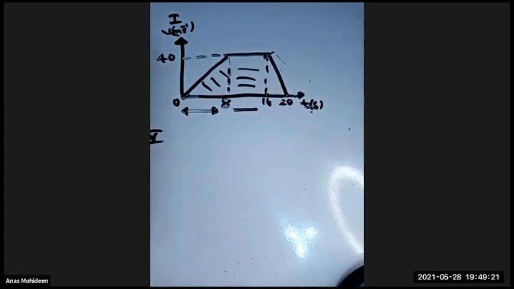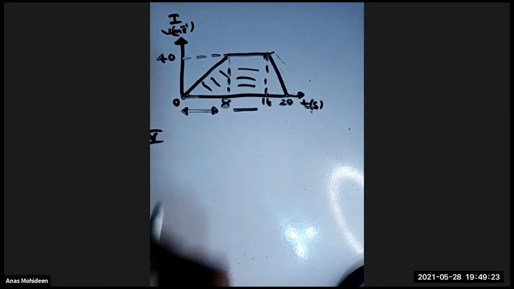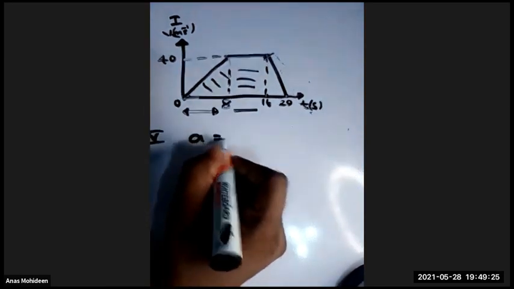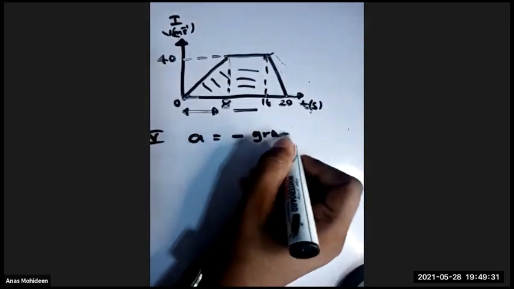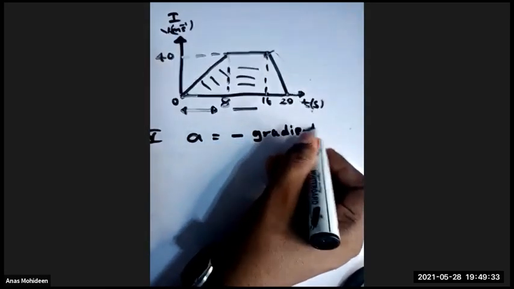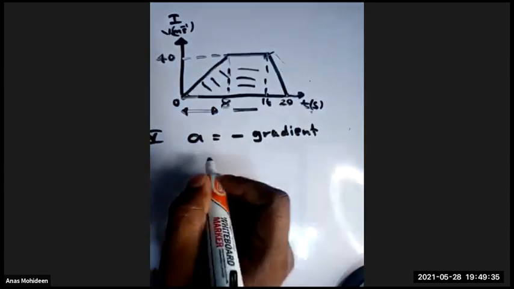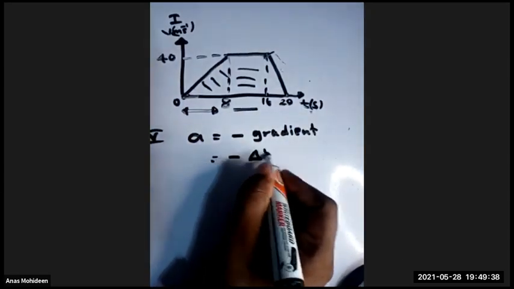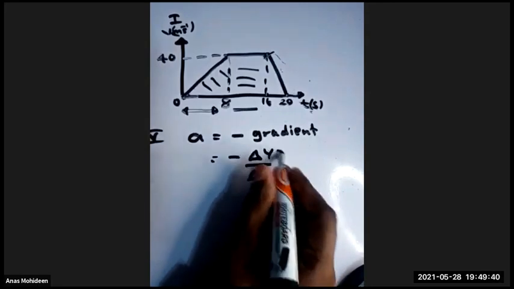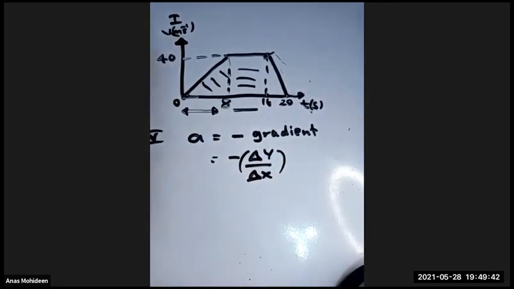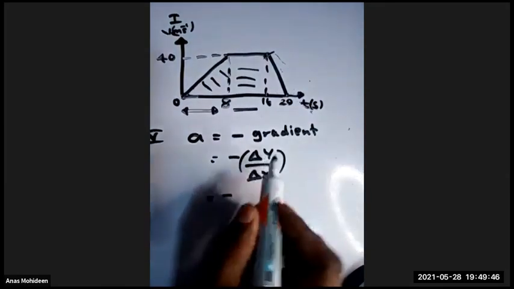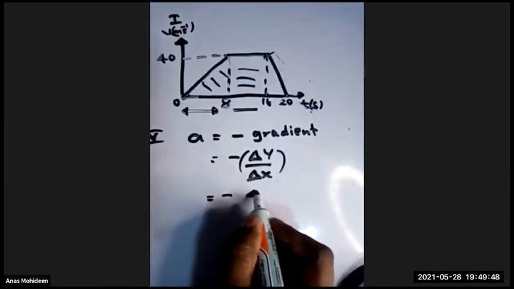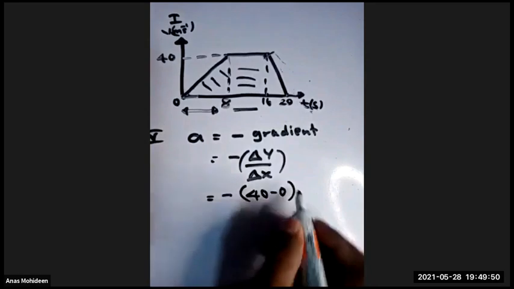So how do we find out this answer using the graph? Acceleration is equal to gradient and deceleration is equal to negative gradient. Negative gradient, the direction changes, right? So that means minus delta y over delta x. So this minus is there, and delta y is 40 minus 0, right?